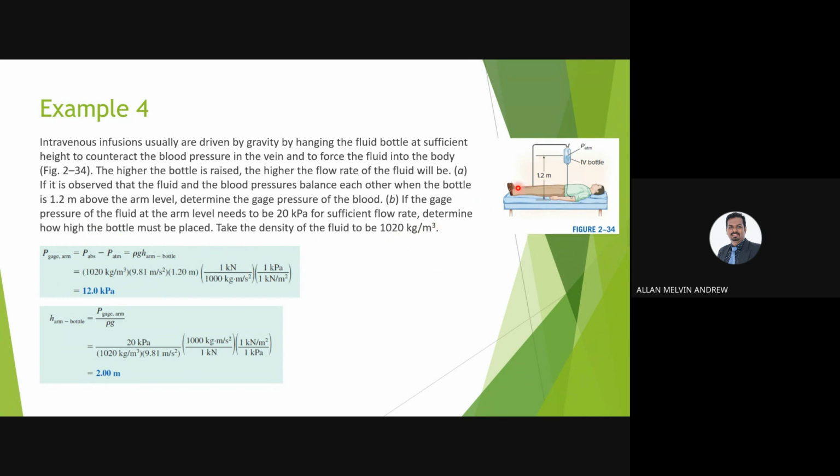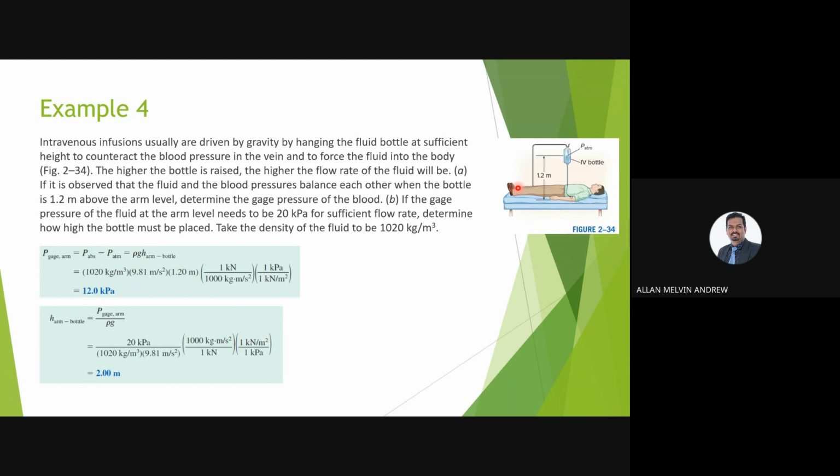In the hospital, let's say they are injecting some fluid inside your body. That's the reason why they always measure your blood pressure, because they need to adjust the height of the bottle based on your blood pressure. If the blood pressure is too high, you need to place the bottle too high. So they will give the blood pressure reducer or pills first, then they will give the fluid inside your body.